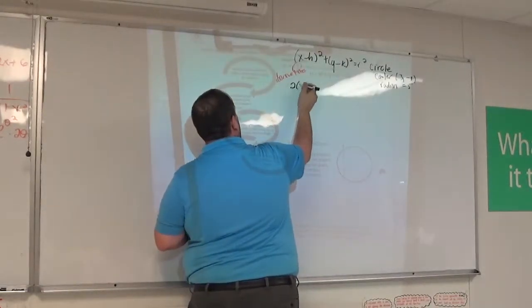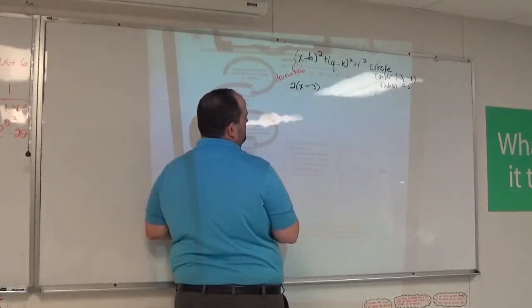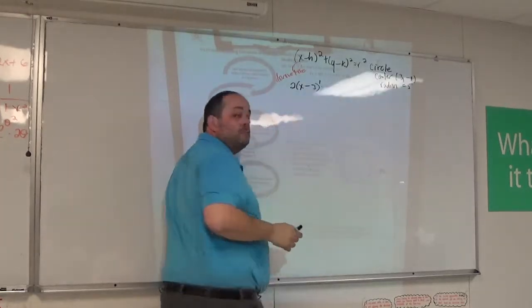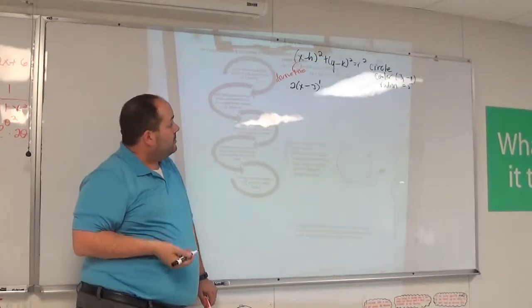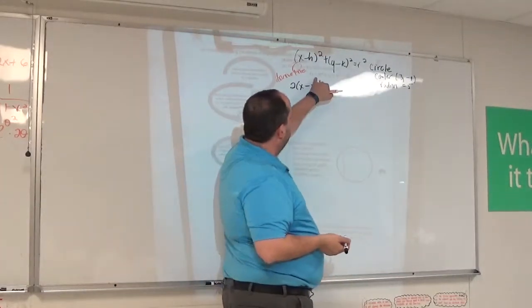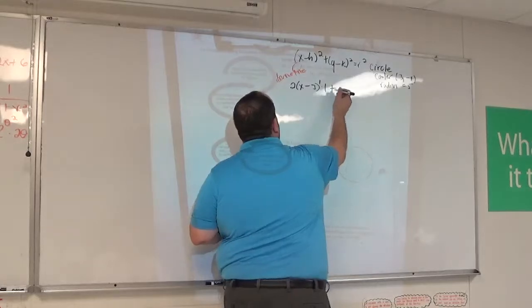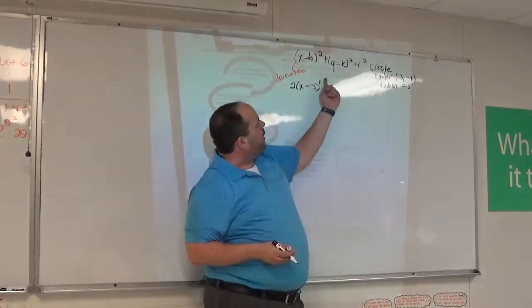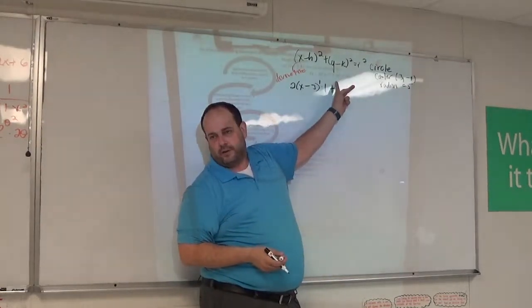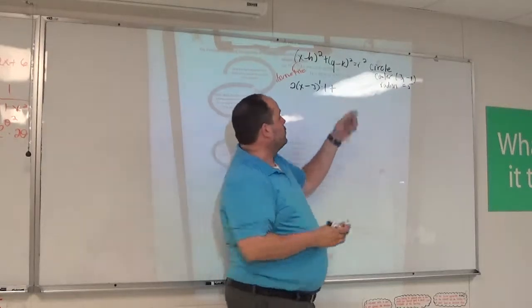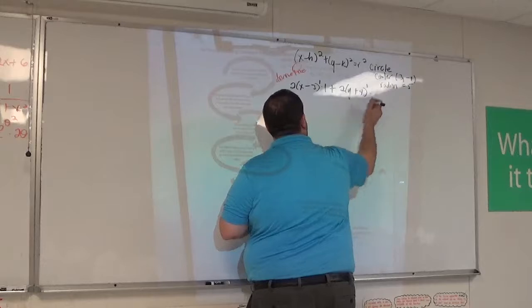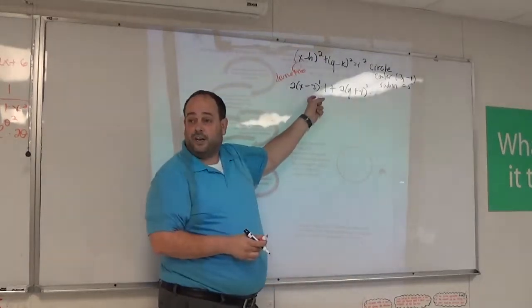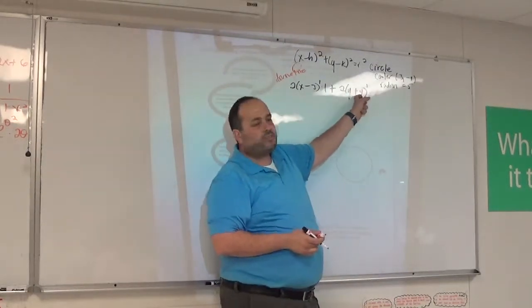Chain rule says 2 times x minus 3 to the first power times the derivative of the inside, which everyone will tell me is 1. Plus the derivative of y plus 4, the whole thing squared. Another chain rule: 2 times y plus 4 to the first power, just like over here, times the derivative of the inside.